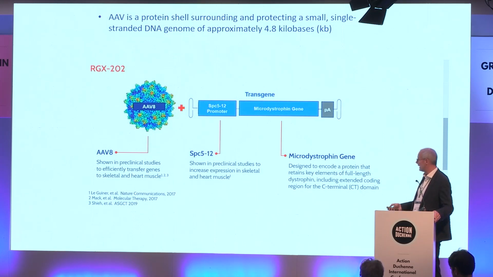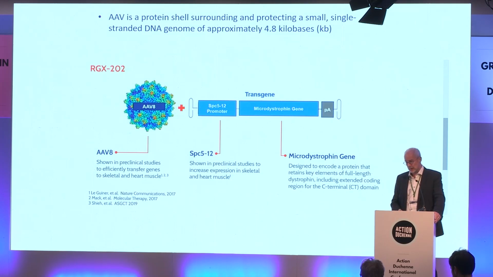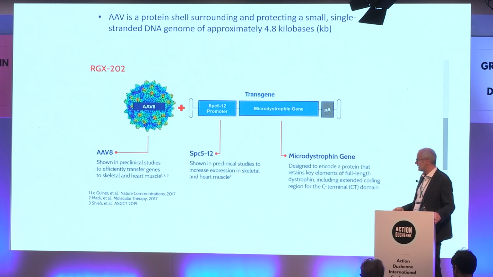So in preclinical studies at least, there's an increased expression in skeletal and heart using this SPC 5-12 promoter. And the vector, again, is an AAV8.